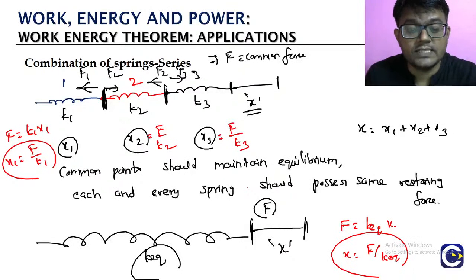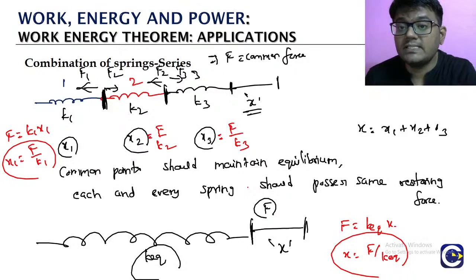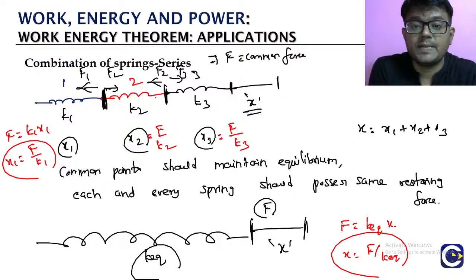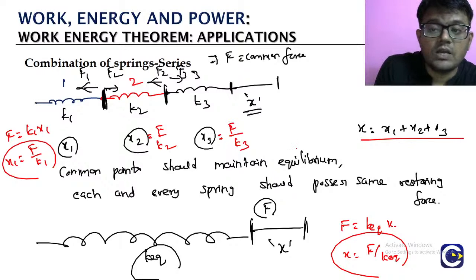We are getting X1 is equal to F by K1, X2 is equal to F by K2, X3 is equal to F by K3, because each of these springs, spring 1, spring 2, spring 3, they all have the same force. Look at this relation. The total elongation x is equal to X1 plus X2 plus X3, right?